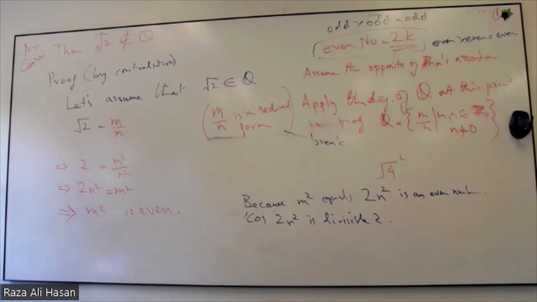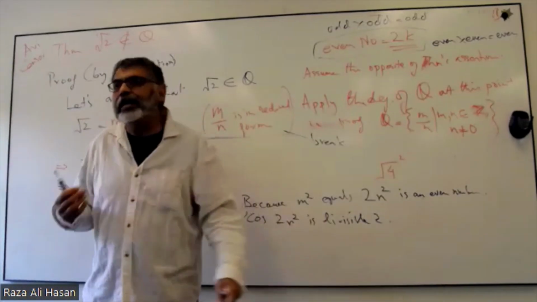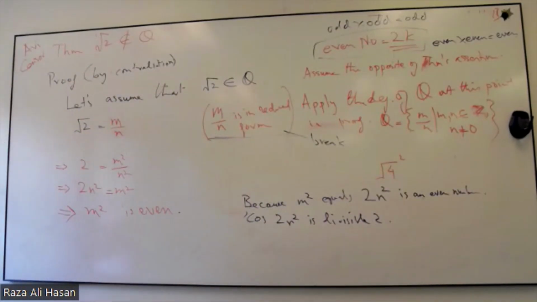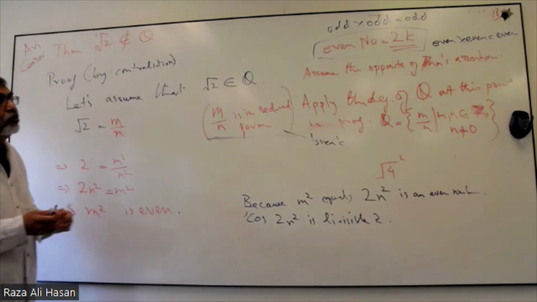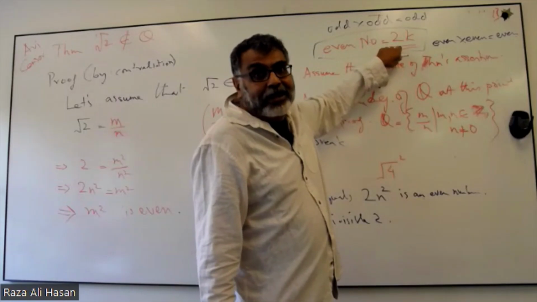There is no way an even number equals an odd number. Okay, and 2n squared is even because we can divide it by 2. Any number that is divisible by 2 is an even number. That's another definition, including this guy here. This is even because if you divide it by 2, it is divisible.